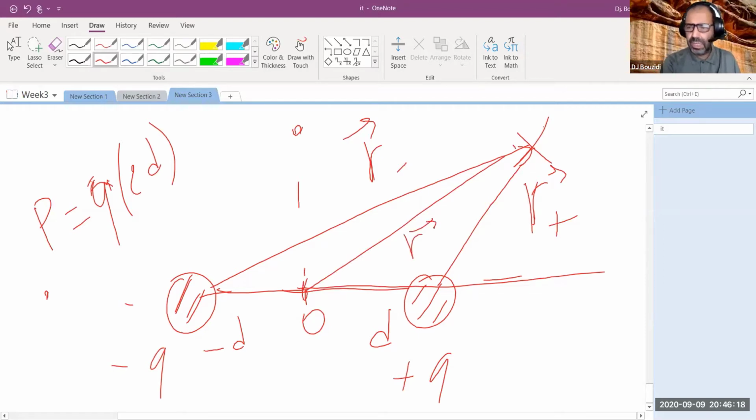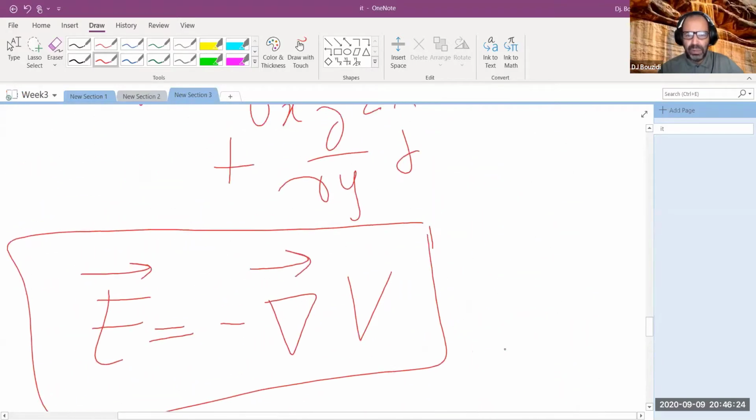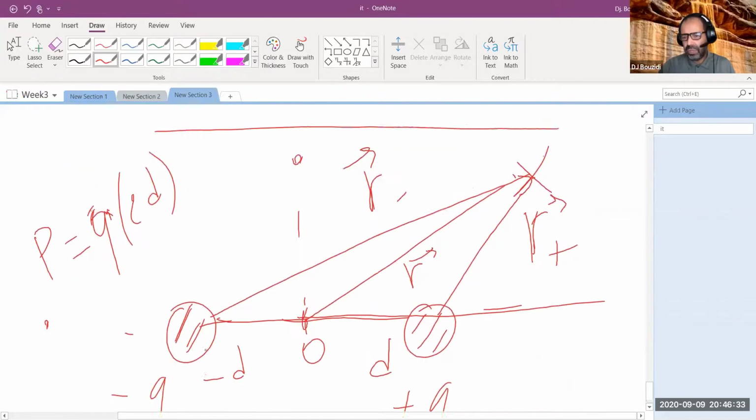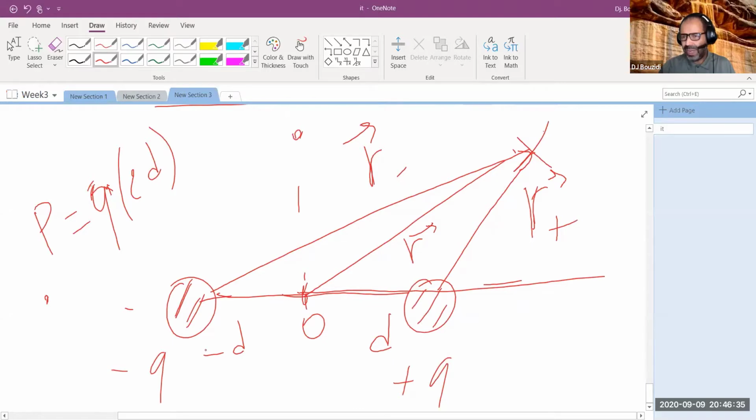The distance is d in here. So I want to find the potential everywhere in space. And empowered with this expression, once I find V, I should be able to find E everywhere. Something that we couldn't do earlier when we were doing the electric field. So now we have a technique for finding E that we did not have before.